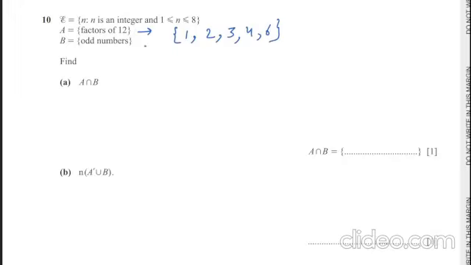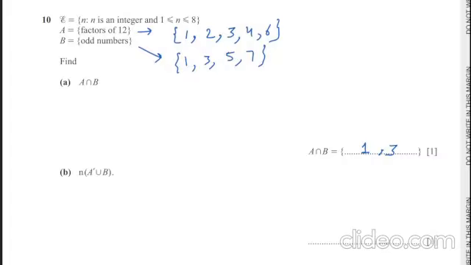That's it. And odd numbers between this are 1 and 3 and 5 and 7. So when we see the intersection, this contains 1 as the value. Okay. And 3 is also there, 1 and 3, right?